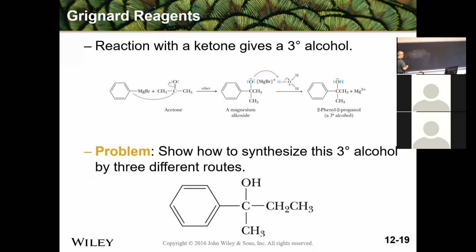If we break it here, the part without the oxygen, we make that the Grignard.